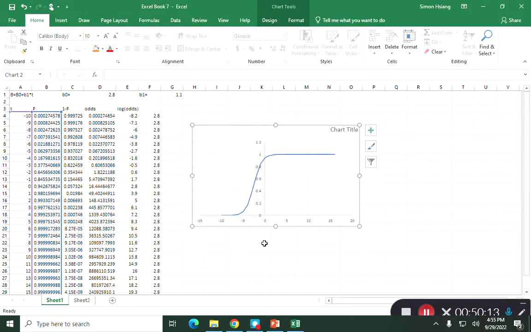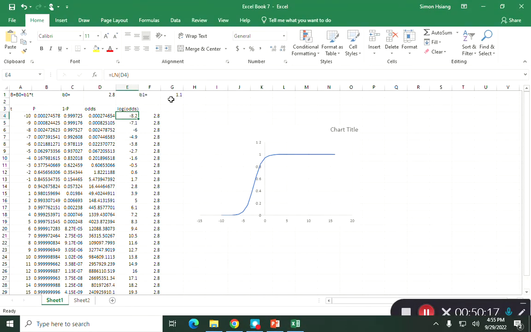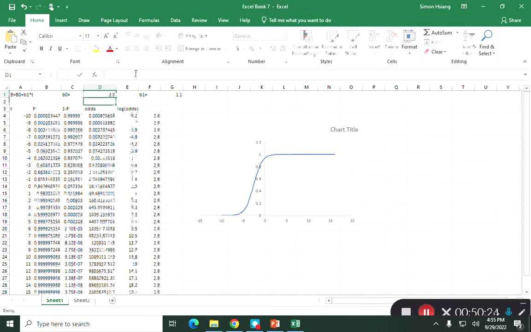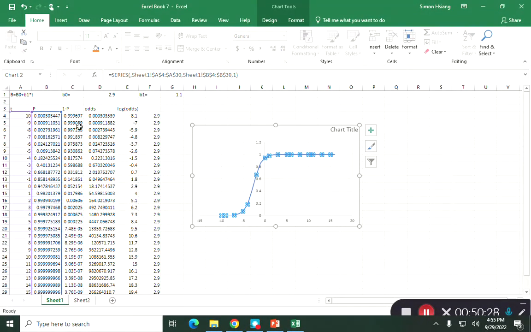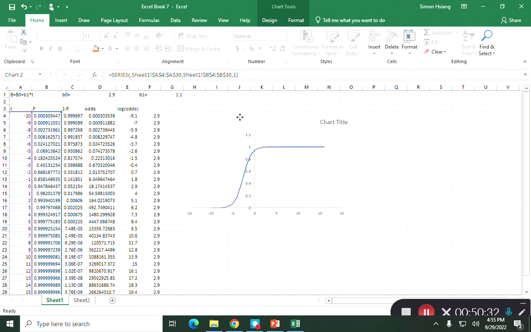The things I would like you to play with: first, play with the log-odds ratio and show that when you change the number, the shape will change, and then the odds. Okay, let me plot it.